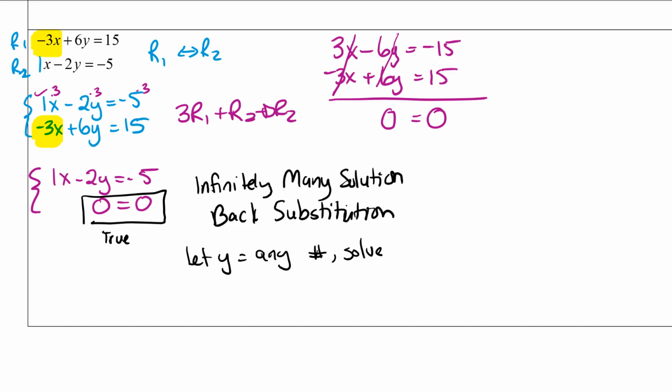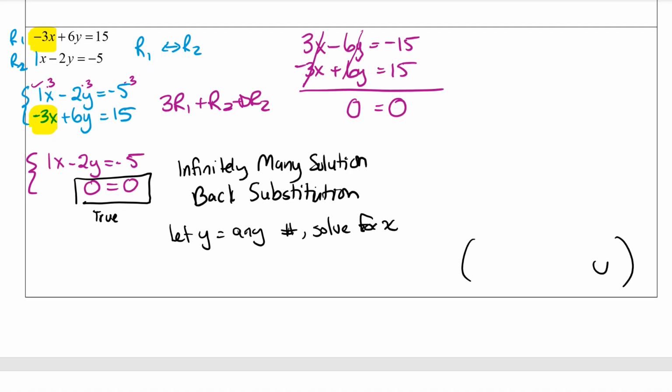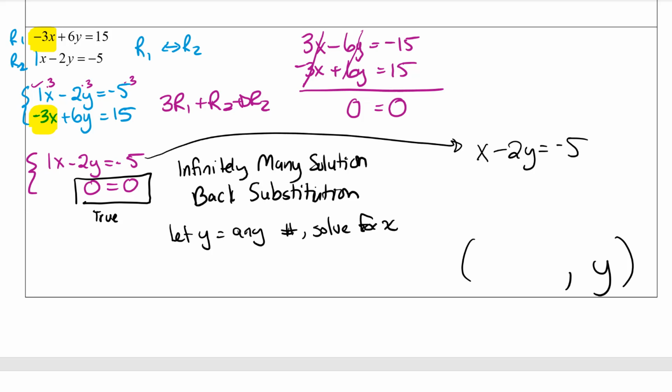If I let y equal any number and solve for x, that's going to get me my answer. So y is going to be any number, and then the x variable is going to be an expression in terms of y. So to get that, I'm going to take x minus 2y equals -5, which is the equation from my last manipulated system of equations, and I'm going to solve for x.